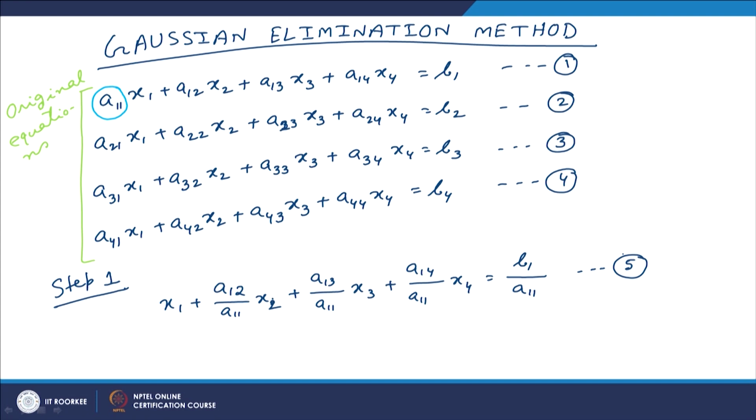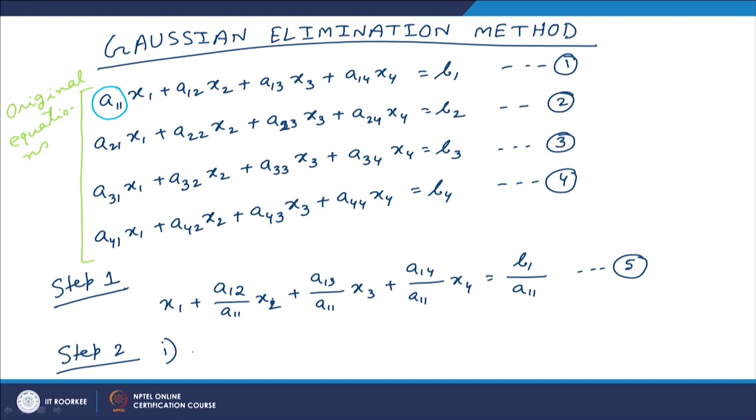Then we multiply equation 5 by A21, A31 and A41 one by one, and subtract the resulting equations from equations 2, 3 and 4 respectively. So, step 2 will have part 1. In part 1, we first multiply equation 5 by A21 and then subtract the resulting equation from equation 2.